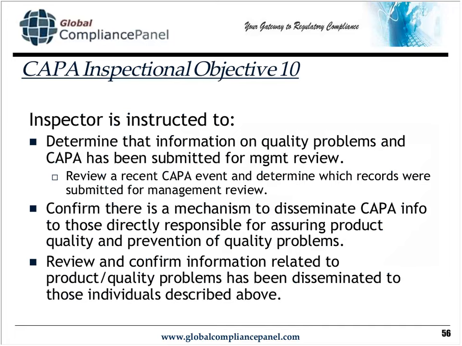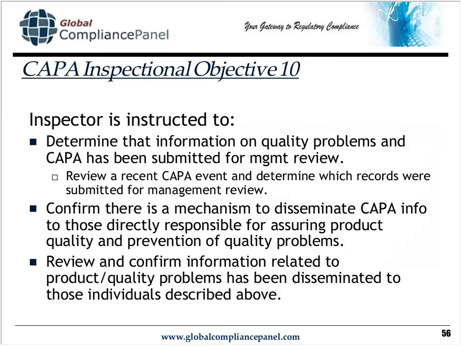So the inspector is going to look at the recent CAPA event and see to what extent it was submitted for management review. I can tell you from years of experience that as long as you have some record of your CAPAs in your management review, you're going to be okay.